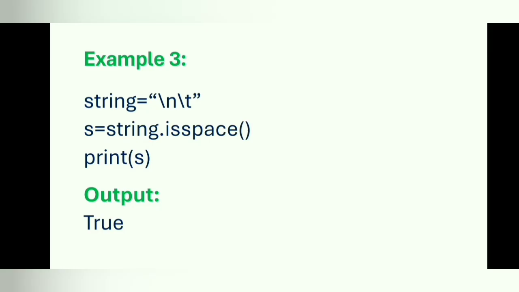Here the output is true because this string consists only of white spaces, which are newline and tab characters, and is not blank. The string isspace method returns true if all the characters in a string are whitespace characters and is not blank. Otherwise, it returns false.